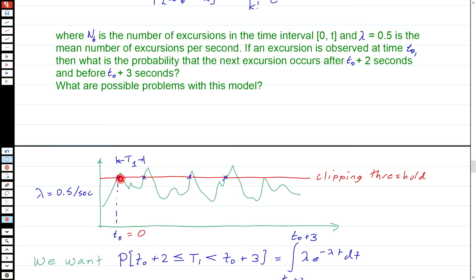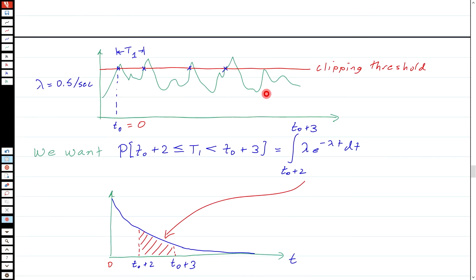So it doesn't really matter what happened on that first instant. It's just that we start looking from that instant. Basically, what we're looking for is the probability that the next excursion will occur between 2 seconds and 3 seconds if we take t0 equal to 0. I've written it out here as t0 plus 2 to t0 plus 3, being the integral from t0 plus 2 to t0 plus 3.